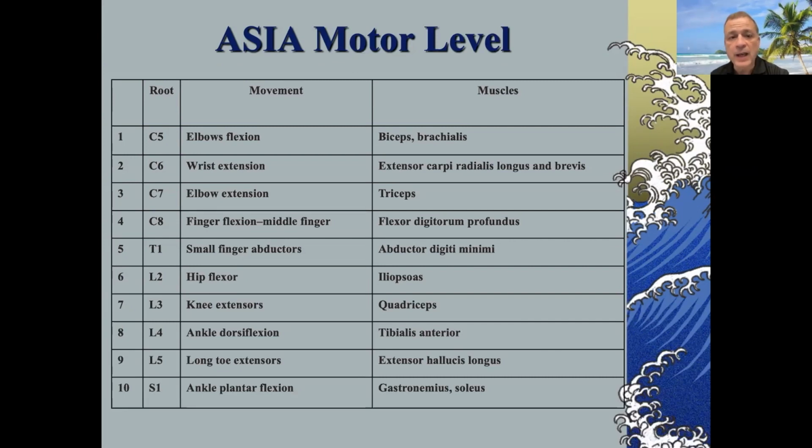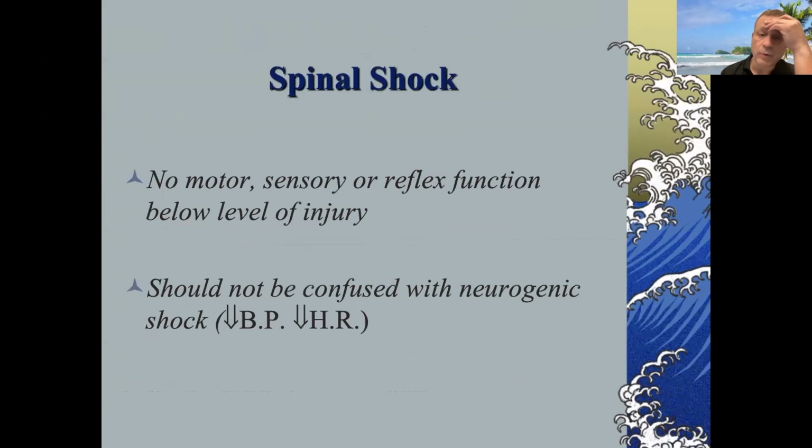And if they had wrist extension, but also had triceps that was greater than 3 on 5, they would be a C7. And the difference between a C6 and a C7 level is enormous. A C6 would be able to navigate an electric wheelchair, while a C7 could navigate a self-powered wheelchair. So you can see just one level, one muscle group can make an enormous difference in mobility.